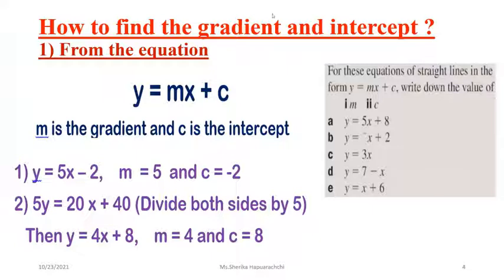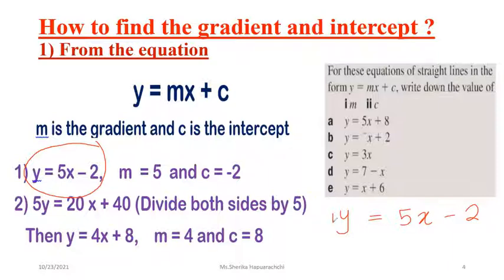Now, I have taken two examples. Now, I want to find my gradient. This is my equation, y equals 5x minus 2. So always remember, when we get this equation y equals 5x minus 2, when you just get y, we know the coefficient in front of y is 1.